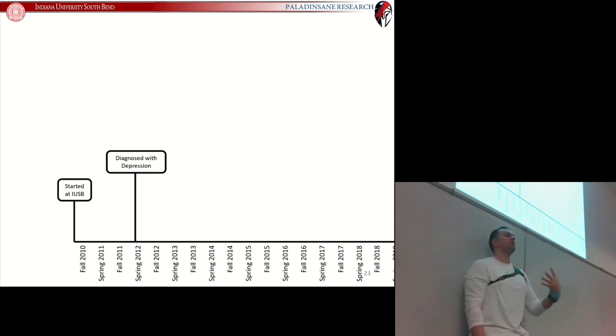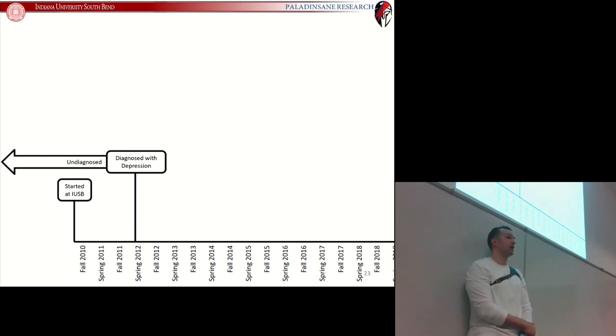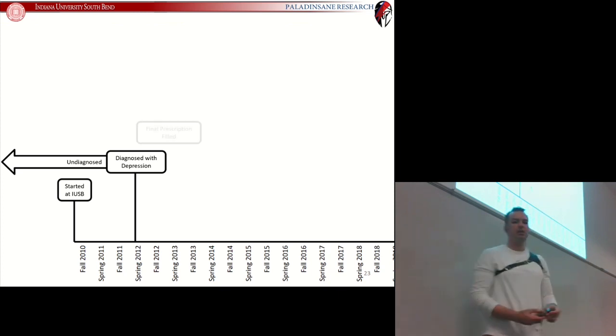I wish I could tell you that I came down with depression in April 2012. But in reality, I was dealing with it for many years prior to that. It was just undiagnosed. And this was the period of me trying to tackle this on my own with massive amounts of failure.